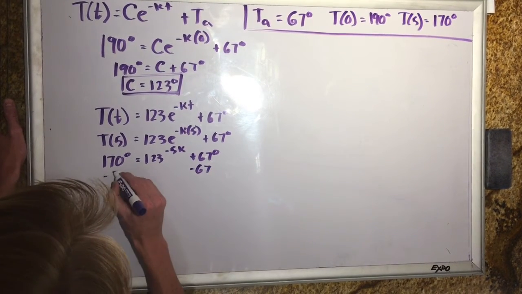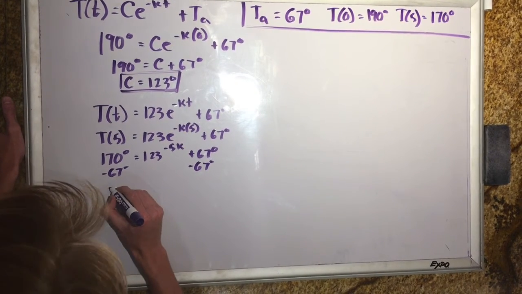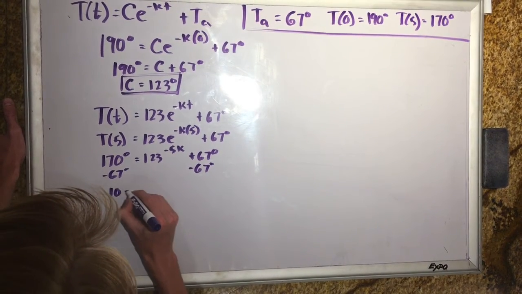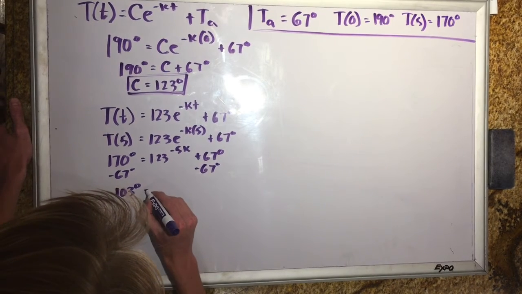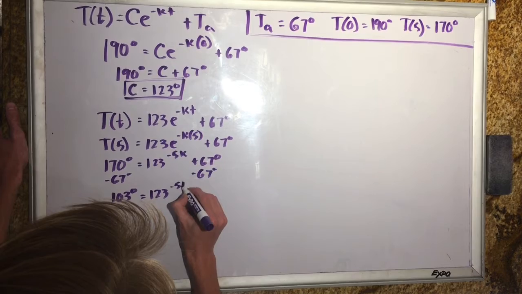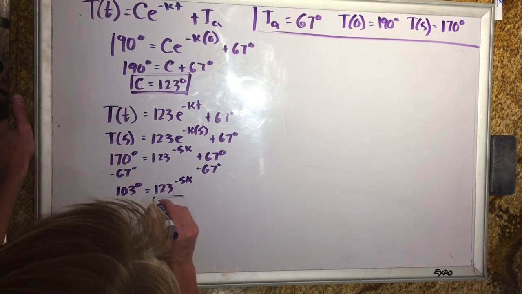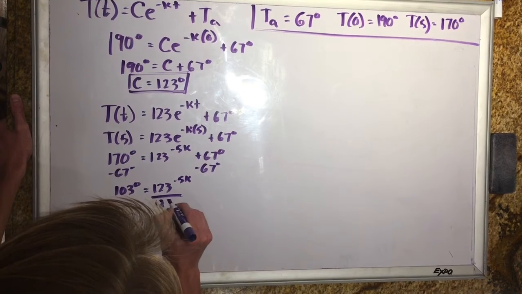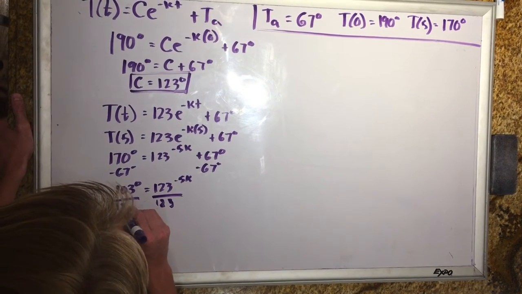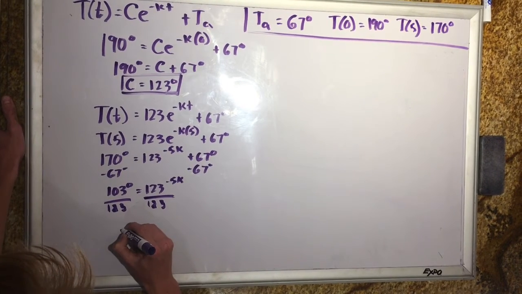Subtract 67 from both sides, and we end up with 103 is equal to 123 e to the negative 5k. Divide both sides by 123, and we end up with 0.8374 is equal to e to the negative 5k.